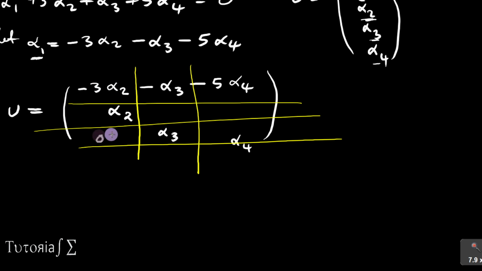So we'll put a 0 alpha 2 because there is no alpha 2 here. Here again on alpha 3 in this column there is no alpha 3, so we'll put a 0 alpha 3. Same applies here, there is no alpha 4 on this column, so this would be 0 alpha 4, and we'll put some plus signs there just to accommodate for what we have.